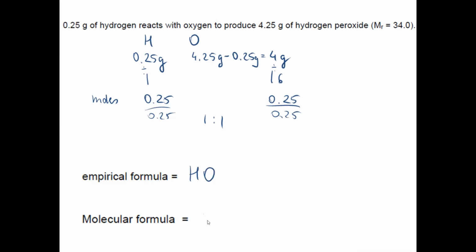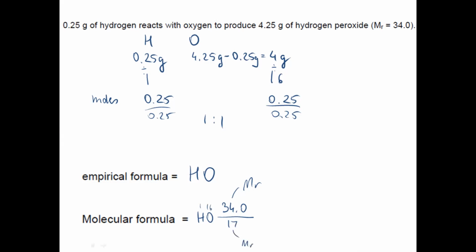Now, what's the molecular formula? How do we work it out? We take our empirical formula, and we take the Mr, which is 34.0, and divide it by the Mr of the empirical formula. This is 1, this is 16, so that will be 17.